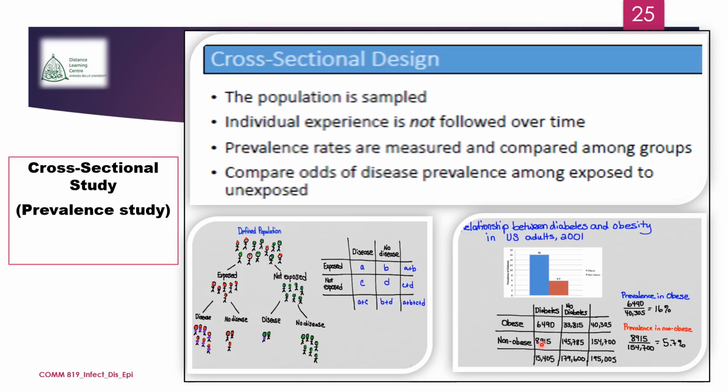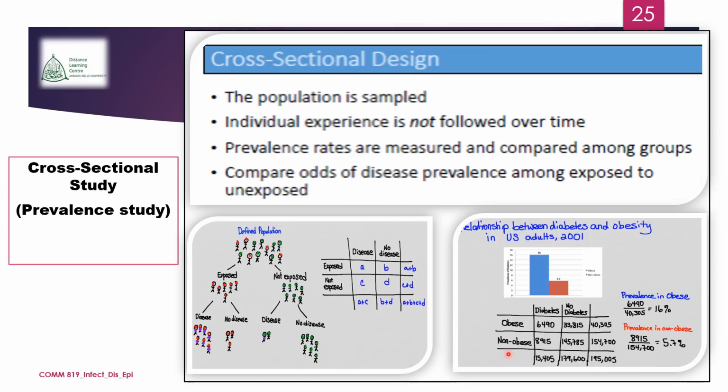So to calculate the prevalence of diabetes in the obese individuals, it will be those with diabetes, 6,490, divided by the total number examined, which will give 16%.